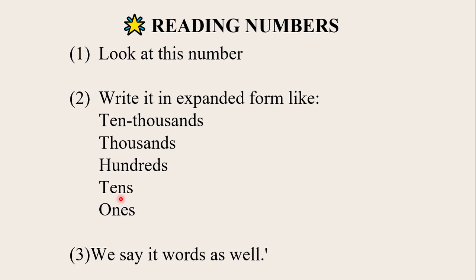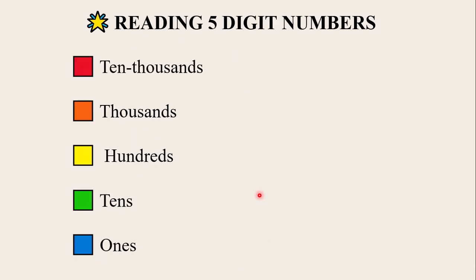If we're working with a 5-digit number, there will be 5 steps: 1, 2, 3, 4, 5. If we're working with a 6-digit number, there will be 6 steps. If we're working with a 7-digit number, there will be 7 steps. If we're working with an 8-digit number, there will be 8 steps. And finally, we would talk about those numbers in words.